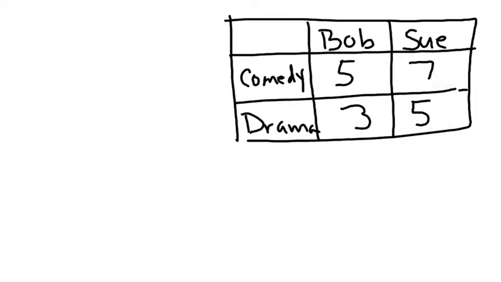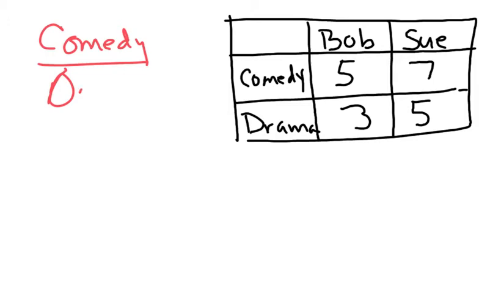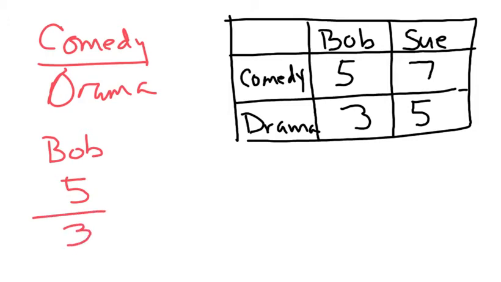So we have to make 2 ratios, and our ratio has to go with what it said in the problem. It said the greater ratio of comedy movies to adventure movies. So we want comedy to drama, not adventure, sorry. Comedy to drama. Okay? So we're going to go, okay, Bob, he's got 5 comedy, 3 drama. Sue, she's got 7 comedy, 5 drama.